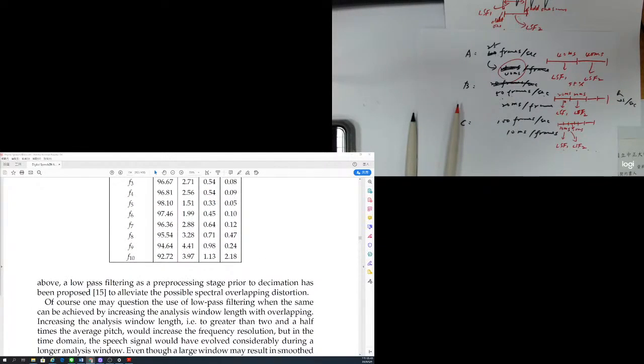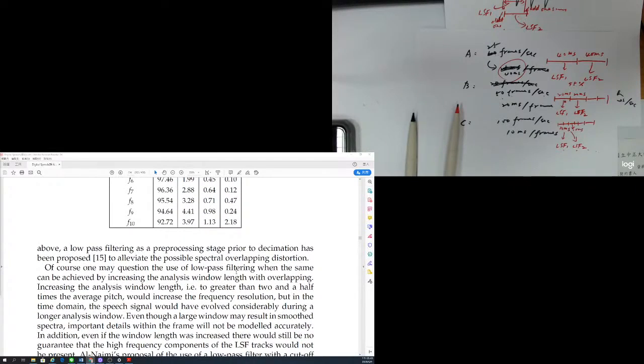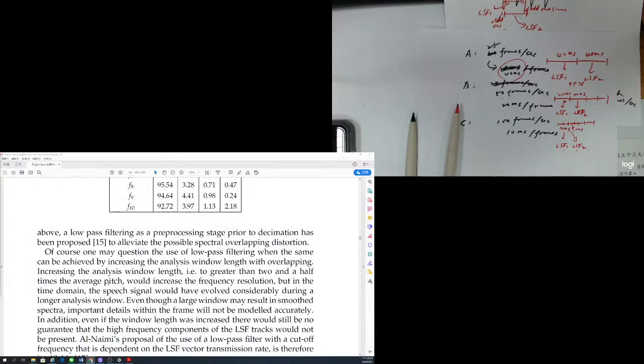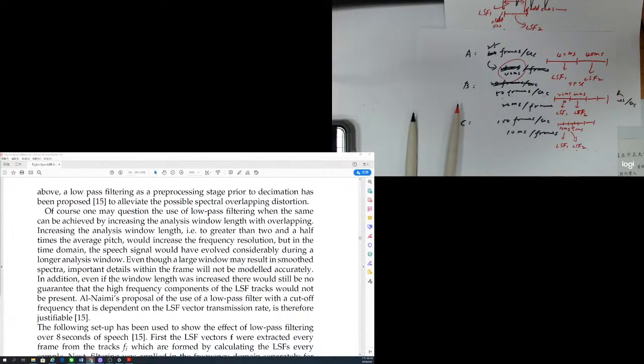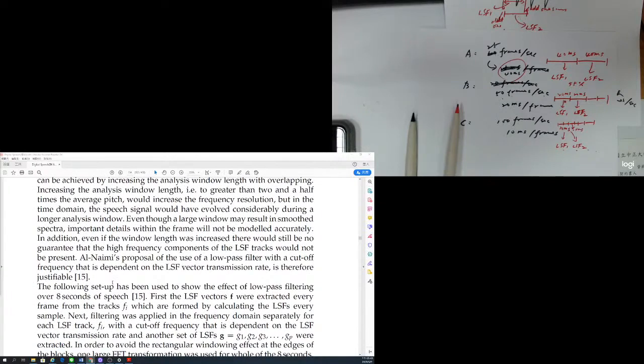So if we are trying to make a good quantization, sometimes we can consider pre-processing like a low-pass filter to remove the high frequency, which can make your inter-prediction better.